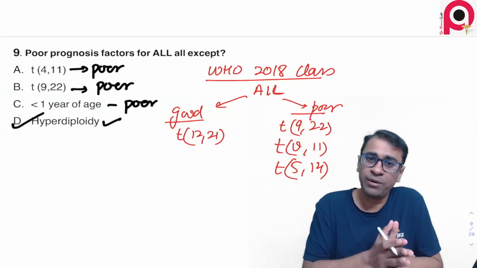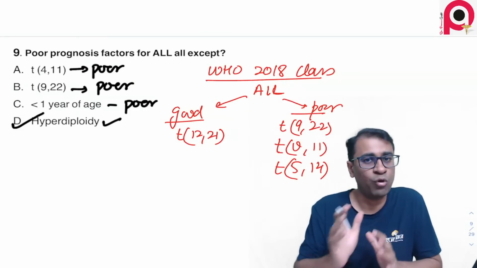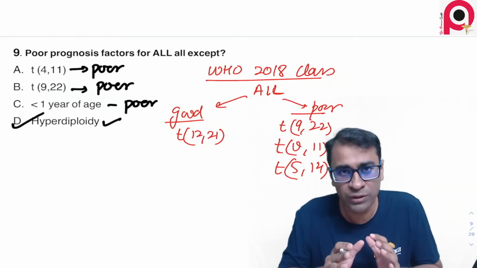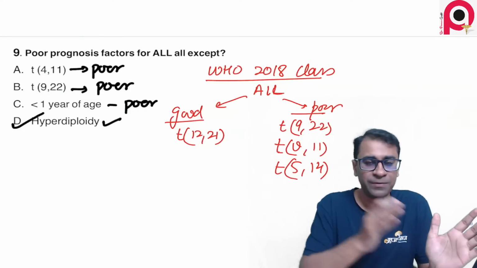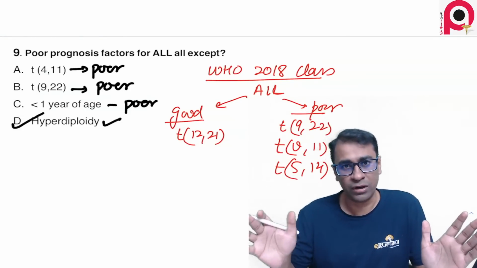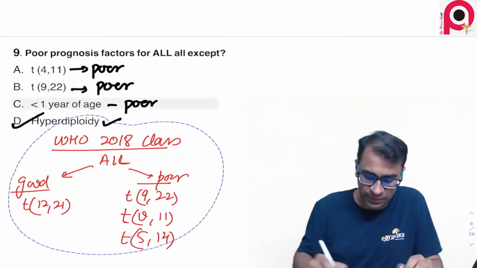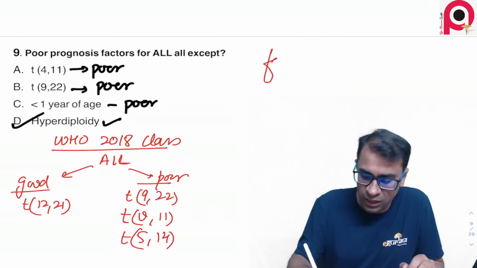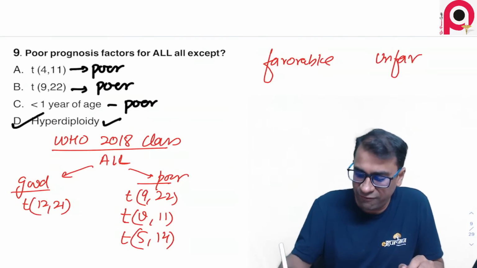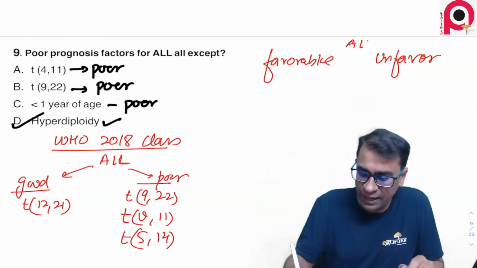Please do revise that good and poor prognostic table. For ALL, we always draw this table. Please try to recall all those important steps for the upcoming NEET PG. What are the favorable and unfavorable conditions for ALL?